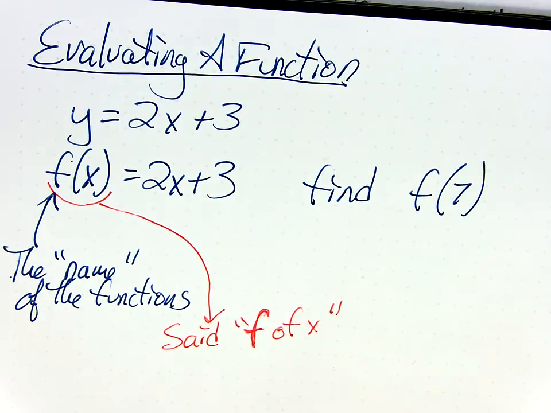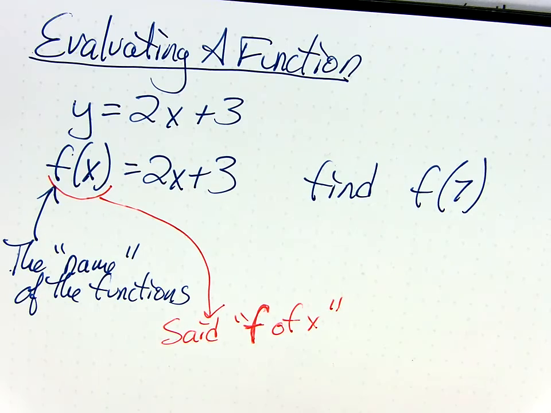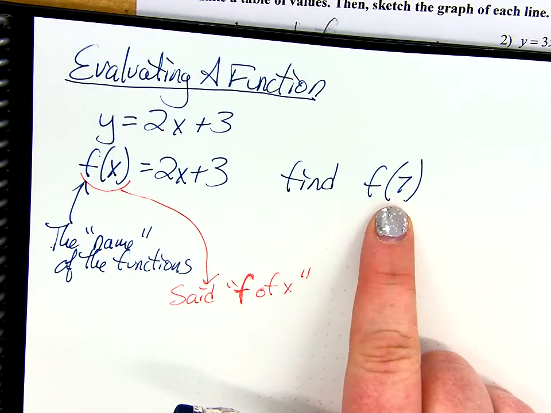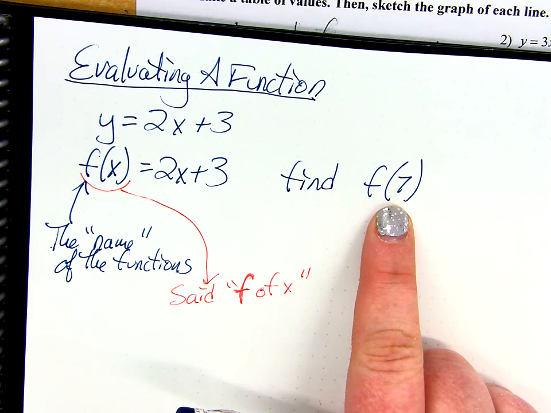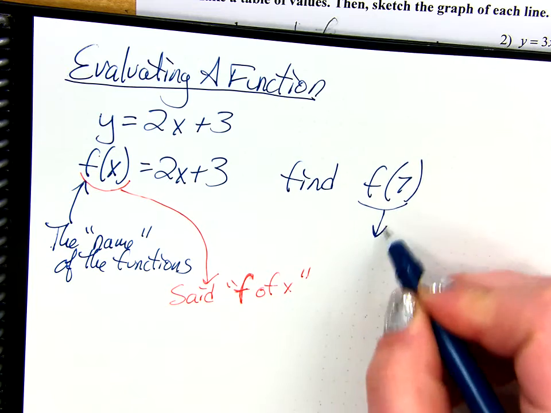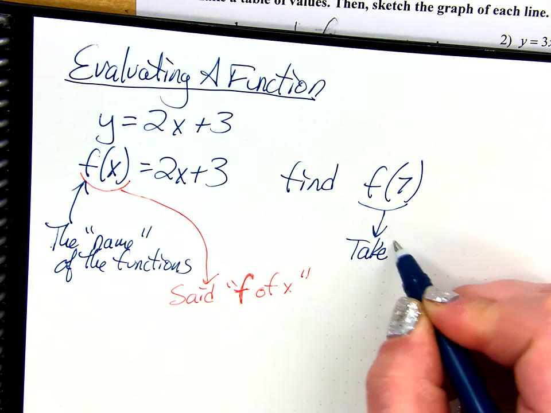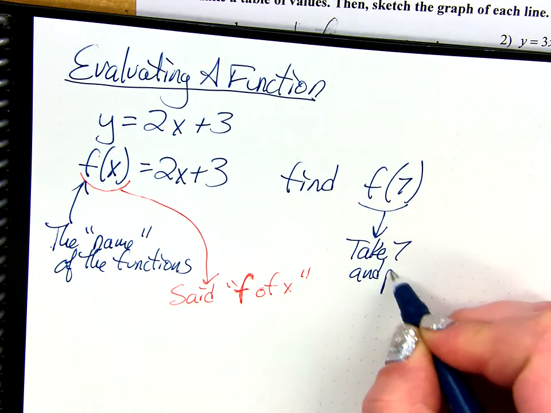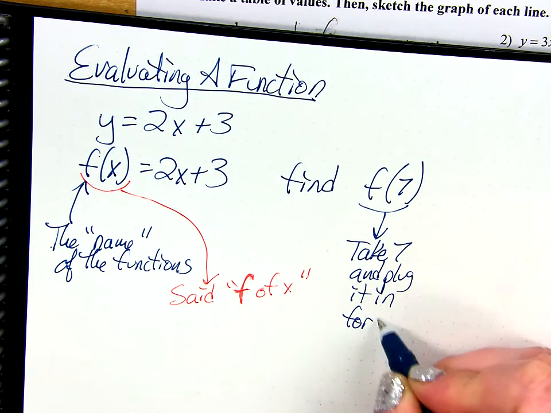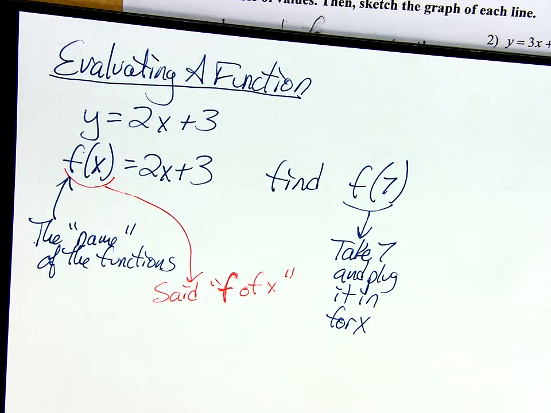That's how I would write it, first of all. This is me just saying, hey, take 7 and plug it in for x. That's all that means. Take 7 and plug it in for x.